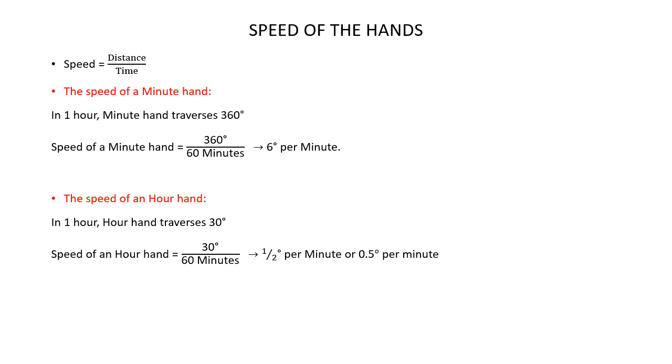Now substituting these values in the formula here, we get speed of an hour hand is equal to 30 degrees divided by 60 minutes, which is nothing but half degree per minute or 0.5 degree per minute. So speed of the hour hand is half degree per minute. So remember that speed of a minute hand is 6 degree per minute and speed of the hour hand is half degree per minute.